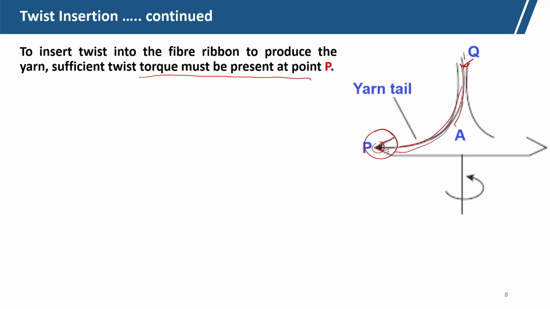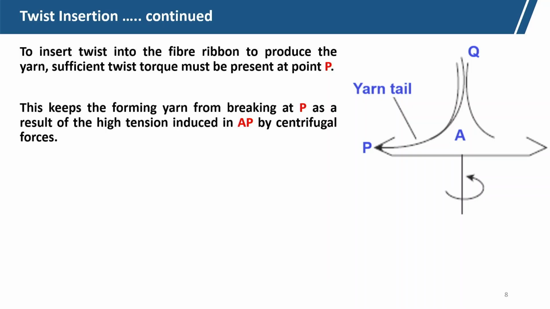So, the tail end will transmit the torque up to the peel off point. This torque must be sufficient, otherwise there will be breakage and discontinuity. This torque is provided by the yarn tail. This keeps the forming yarn from breaking at point P.